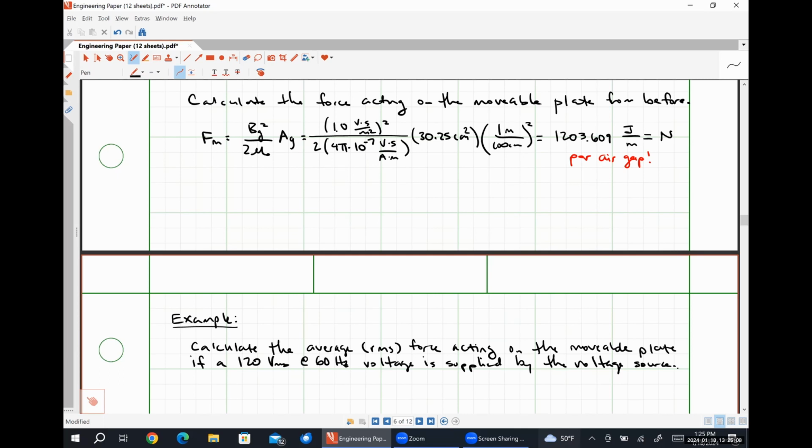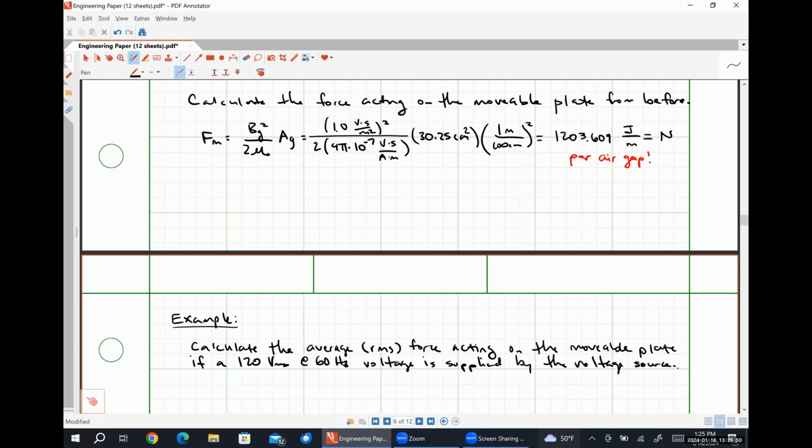So in the first example, we found out that a DC voltage of 133 volts and some change was necessary to establish a magnetic flux density of 1 Tesla in our air gap, and that 1 Tesla of magnetic flux density correlates to a force of 1,203 newtons per air gap when we have a gap length of 5 millimeters.